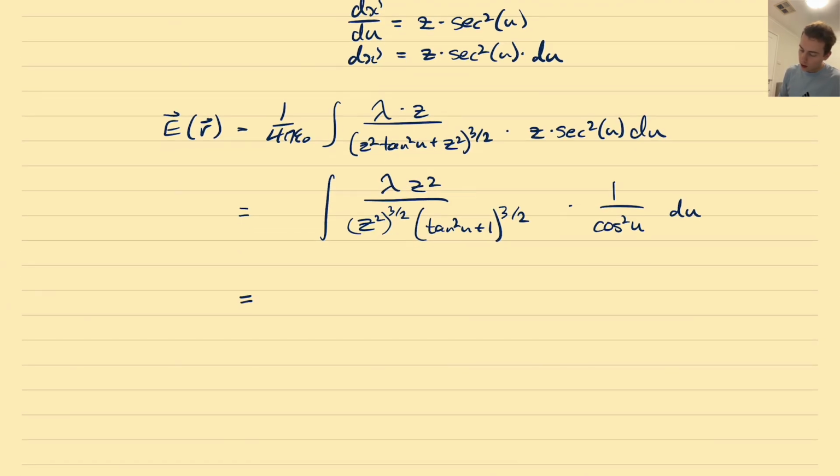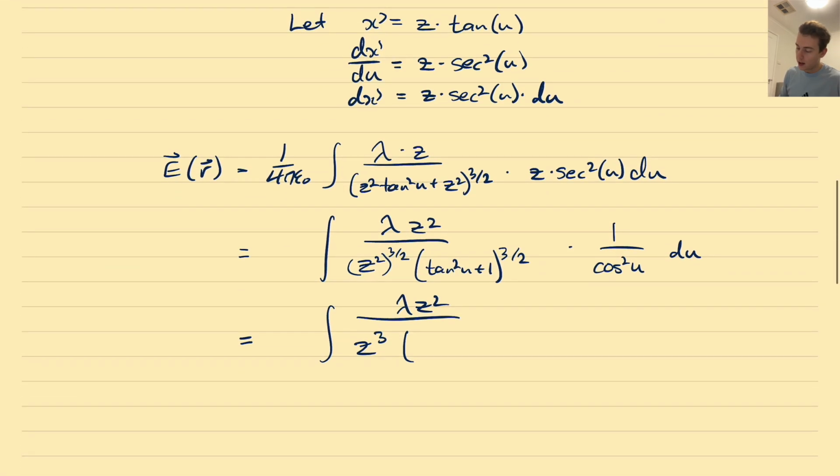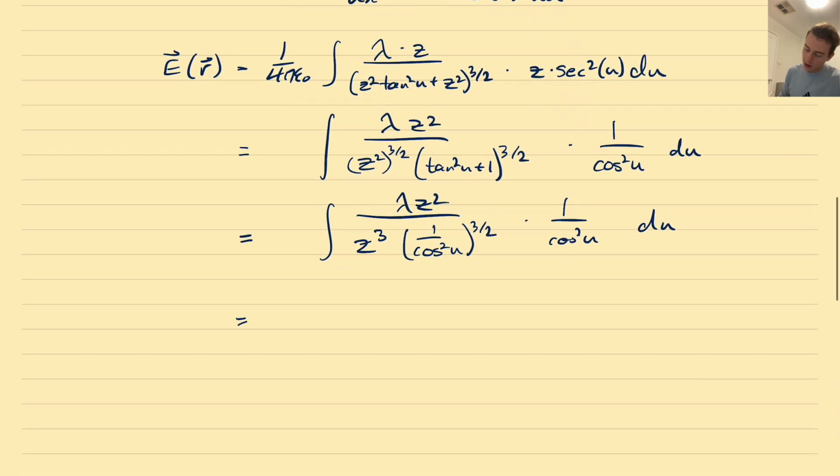So that becomes lambda z squared divided by z cubed. Now this tan squared plus 1 I mentioned earlier was 1 over cosine squared. So 1 over cosine squared u to the 3/2, times 1 over cosine squared u du. And now this is looking promising, because this will cancel, and this becomes 1 over cosine cubed, which goes in the numerator as cosine cubed.